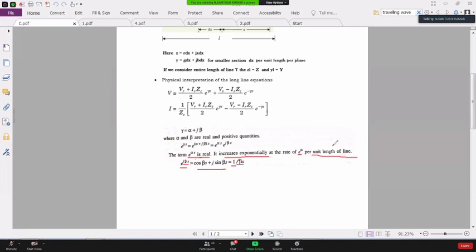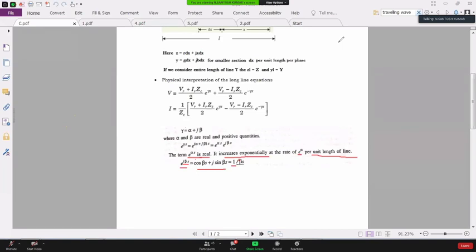From this we can conclude one point: e power alpha s has two terms, one real term and another imaginary term. The real term will increase as we move from receiving end to sending end, whereas the imaginary term has magnitude 1 and angle beta s.